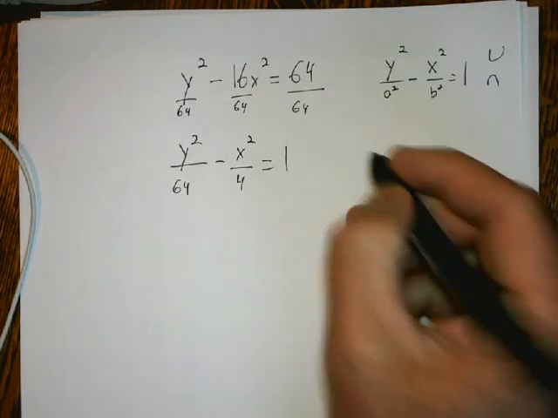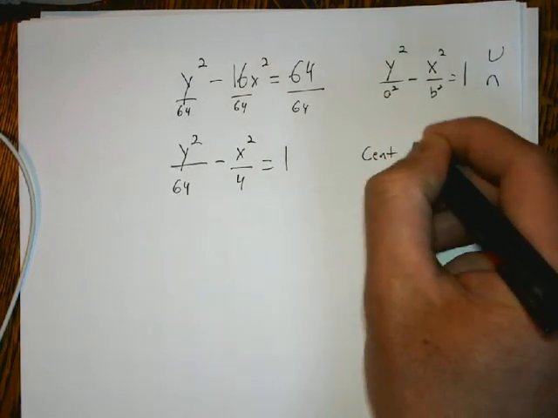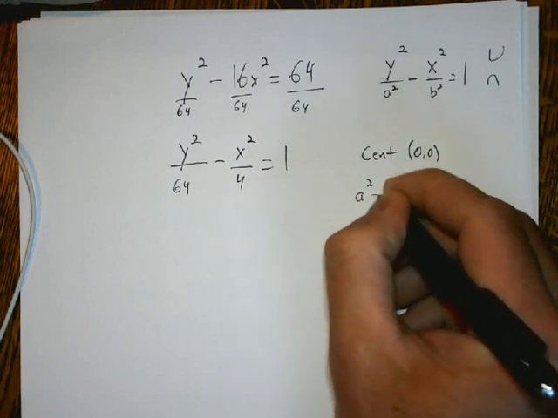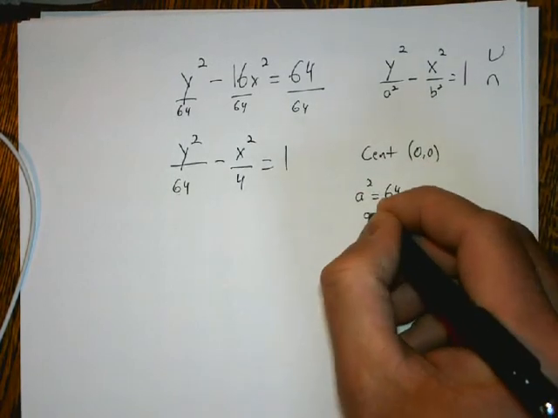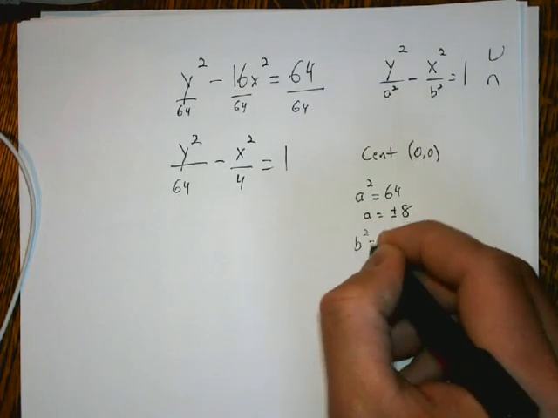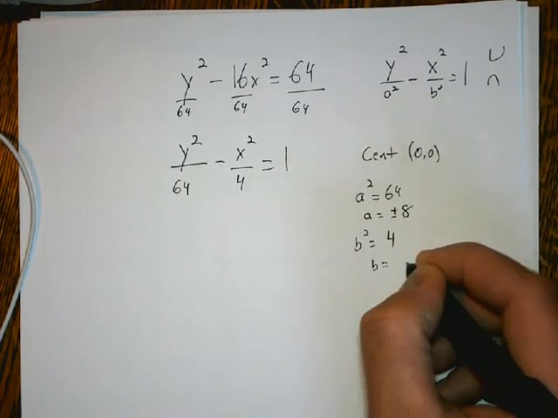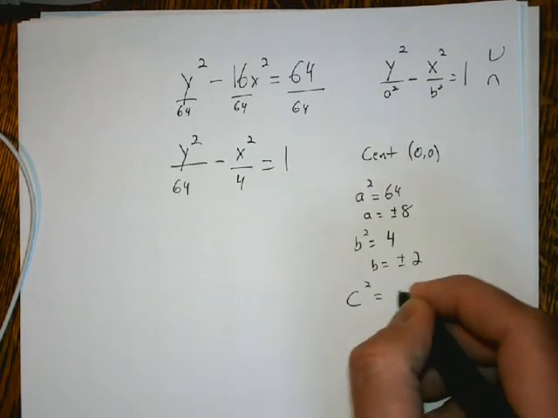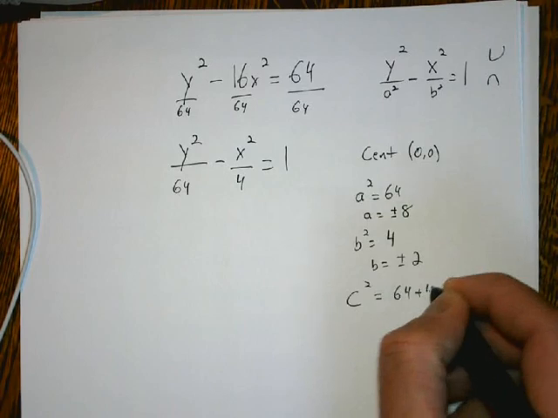We know our center is at 0, 0. Our a squared is 64, so a is plus or minus 8. Our b squared is 4, so b is plus or minus 2. C squared is going to be 64 plus 4, which is 68.